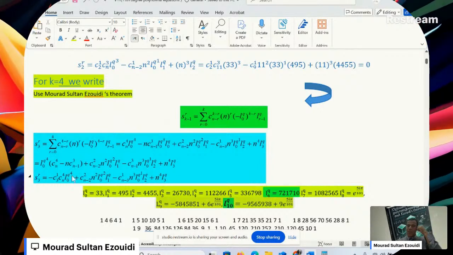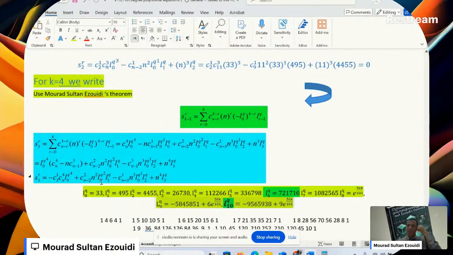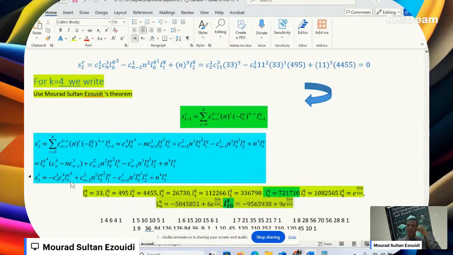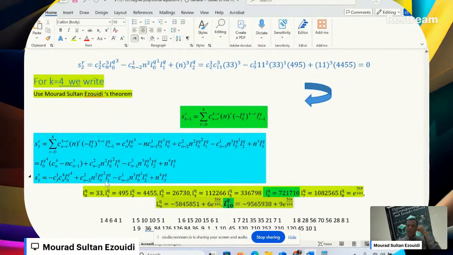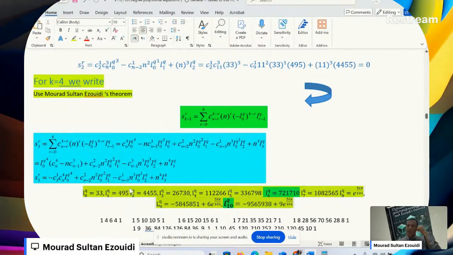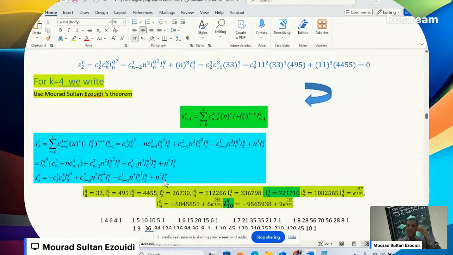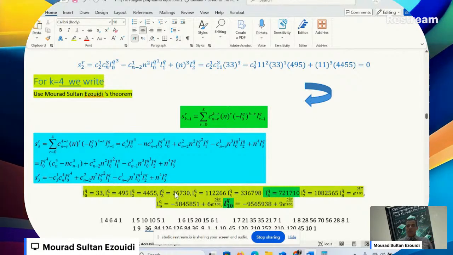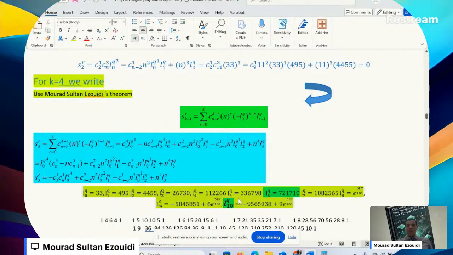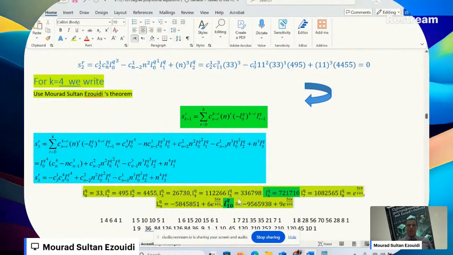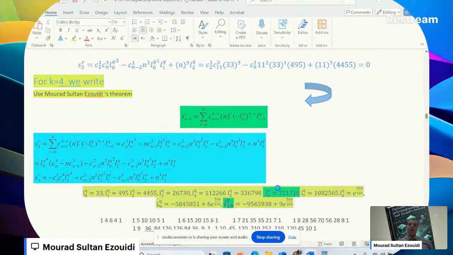It's very simple now to substitute n with 11, n with 33, 1 with 495, 2 with 4455, and 3 with 26,730, and we will find this is equal to a null.